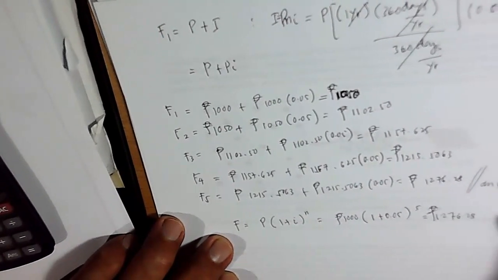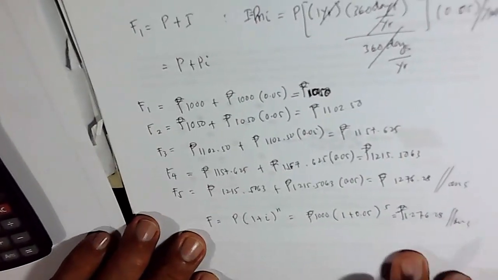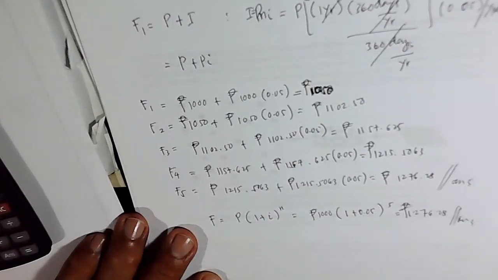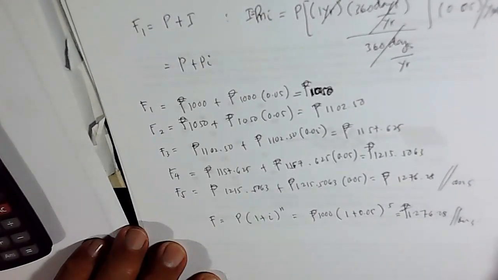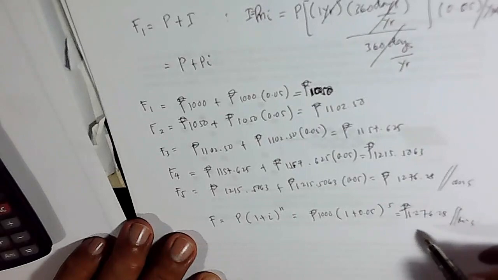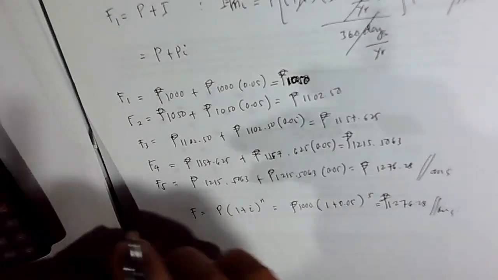Okay, so by formula we have the same answer, 1,276.28. That is your compound interest. Okay.